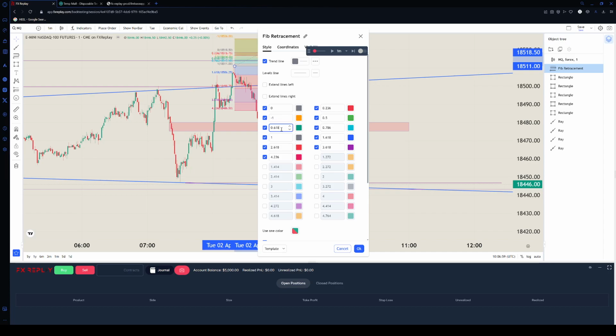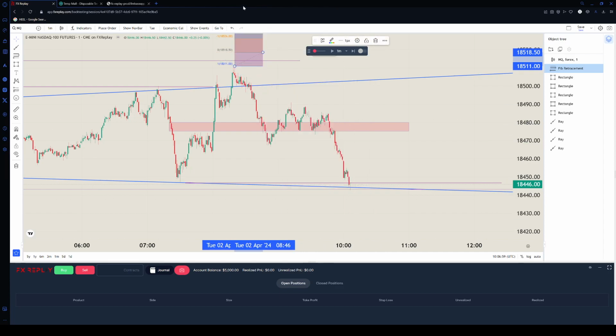Negative 1, negative 2, negative 3. Just going to have it till negative 4. There we go. So measuring from the manipulative swing.